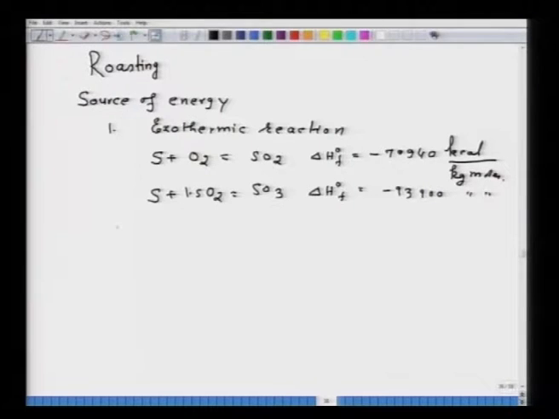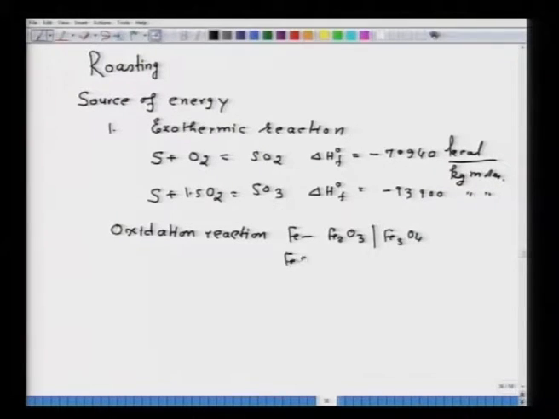Or certain other oxidation reactions, for example, iron to Fe2O3 or Fe3O4, which may also release heat, then FeS to FeO or ZnS to ZnO and so on. They are also a source of production of energy as required for almost all pyrometallurgical extraction.